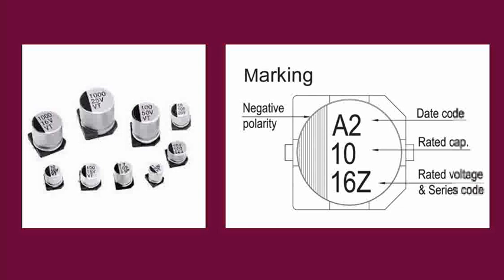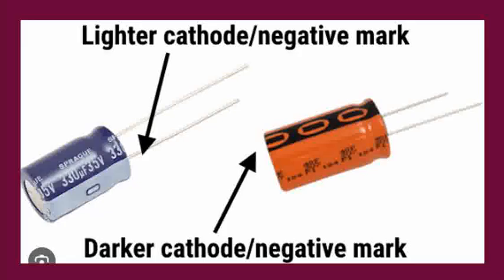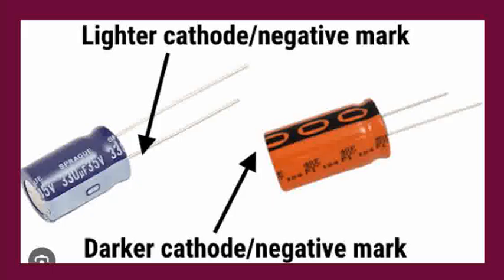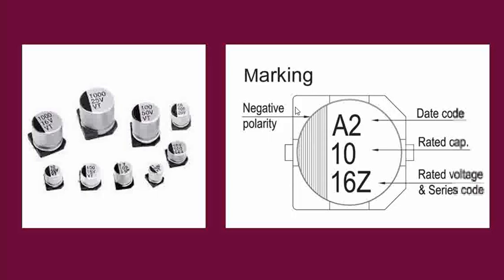If you go back two slides, we said that in the tantalum capacitor, the marking represents the anode. But in an SMD electrolytic capacitor, the marking, a half-moon kind of representation in black, represents the negative polarity.